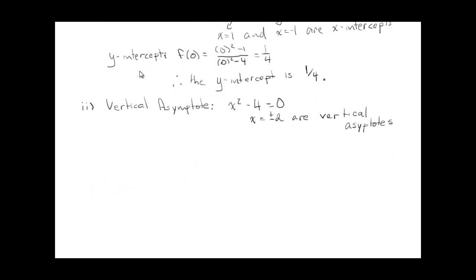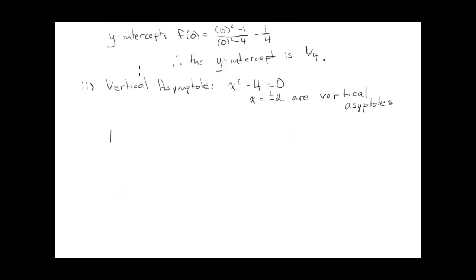And then you'll look at your horizontal asymptote. Now I'm not going to require you to work this out in detail. It's enough that you remember the rule. If you have a rational function, you can just look at the degree of the numerator and denominator.